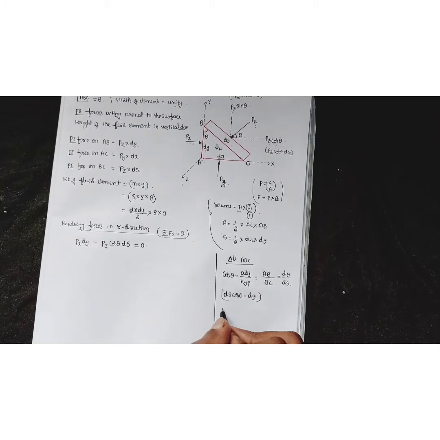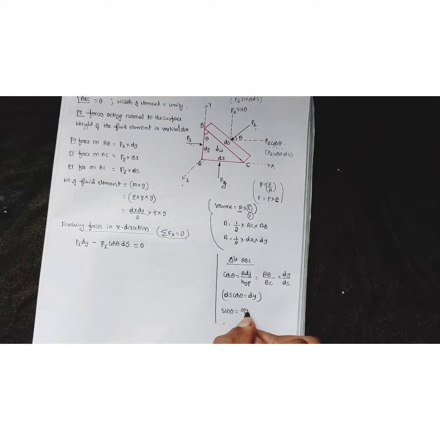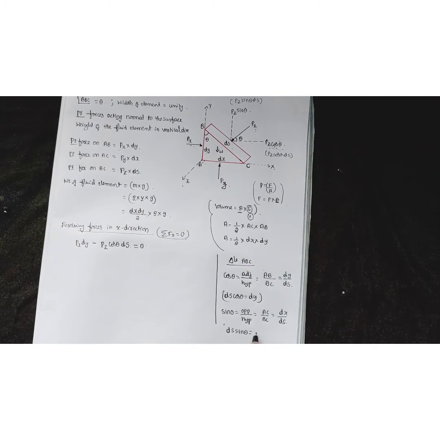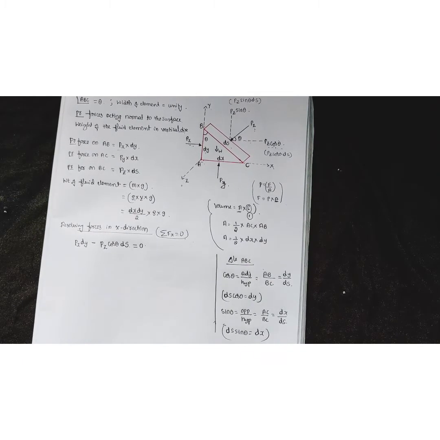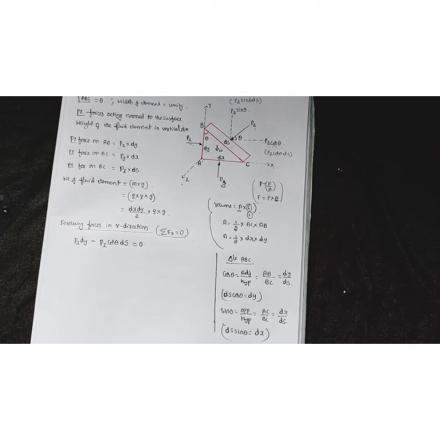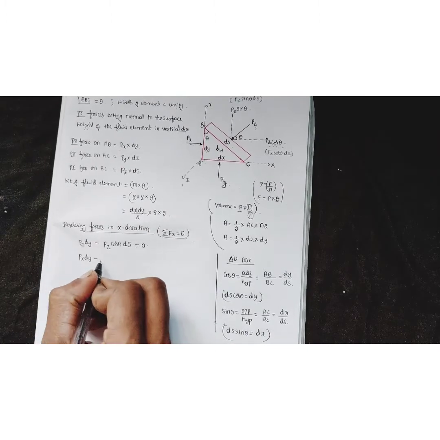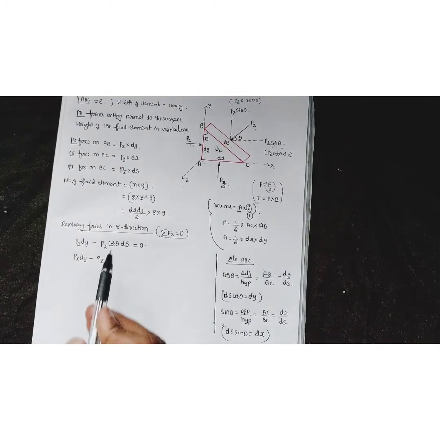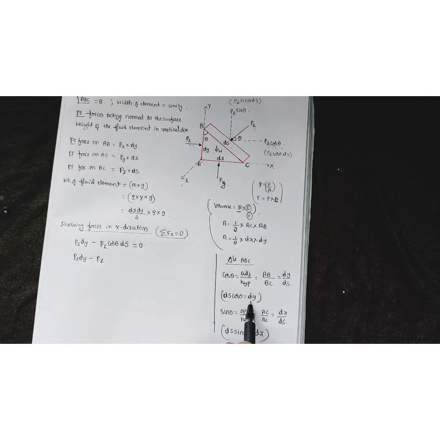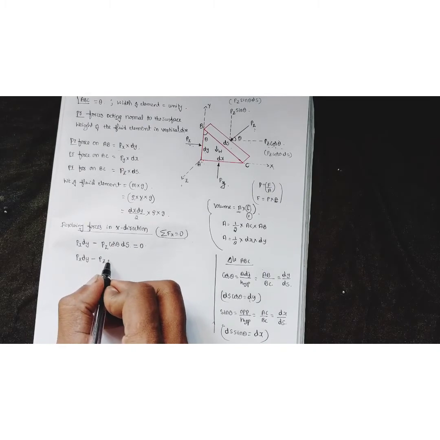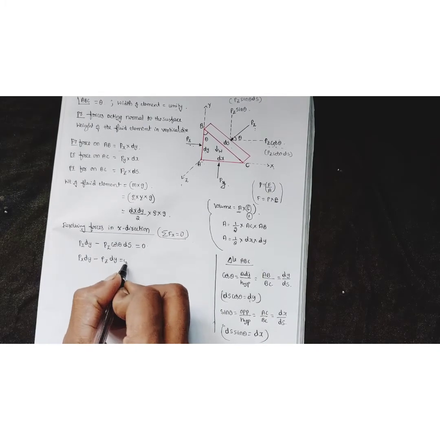Similarly, sin theta is opposite by hypotenuse. The opposite side is AC and the hypotenuse is BC. The length of AC is dx and the length of BC is ds. Therefore, ds sin theta is equal to dx. These two are required for the derivation. Now we have Px dy minus Pz cos theta ds, and in place of cos theta ds I can write dy, which is equal to 0.